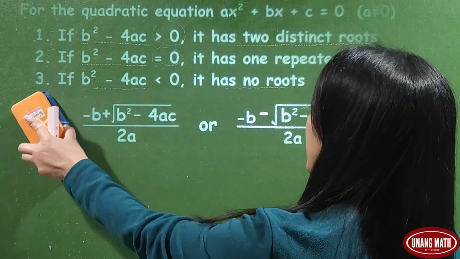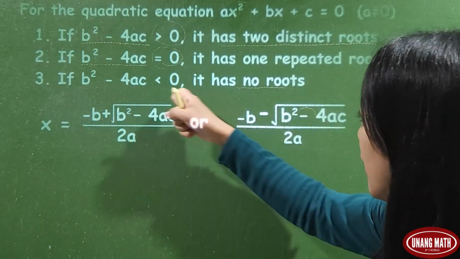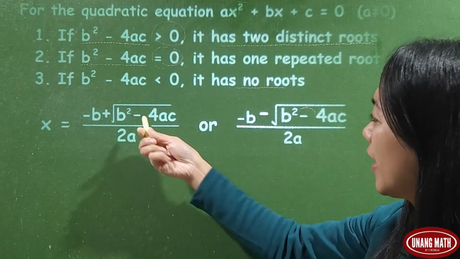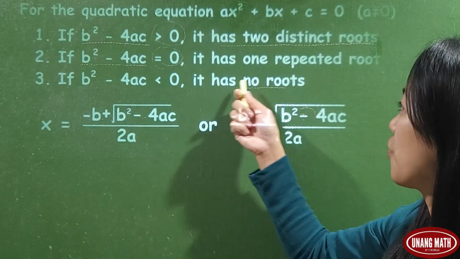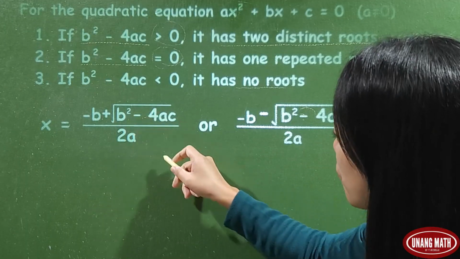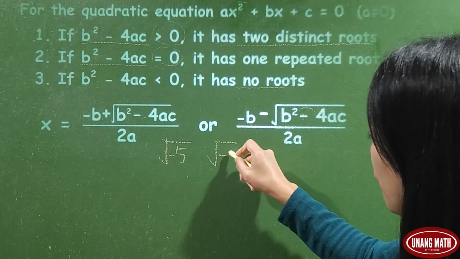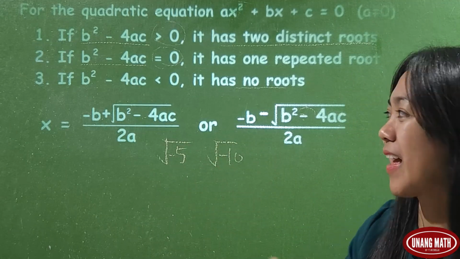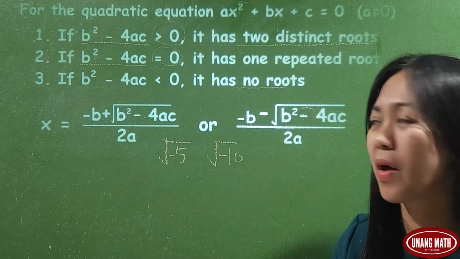If the value of the discriminant is less than 0, meaning negative value, then the quadratic equation has no roots or no solution. It's because there's no such thing as a square root of -5 or square root of -10. That's why the quadratic equation has no roots.